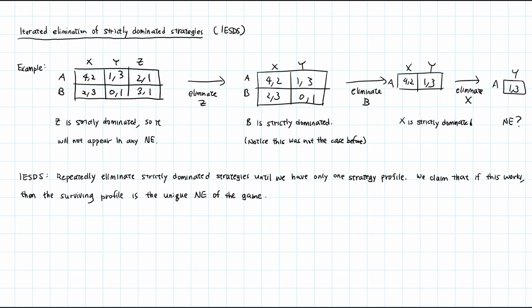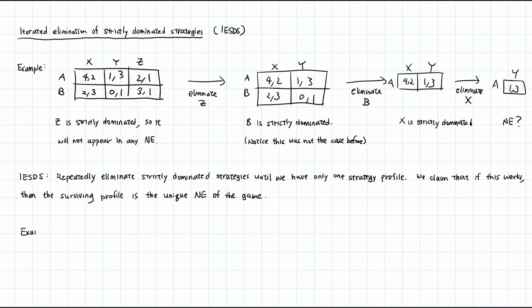We will give a sketch of the proof soon. Now this is not going to work for all strategic games. Many strategic games do not even have strictly dominated strategies. But for games where this works, we can use this process to find the only Nash equilibrium in that game.